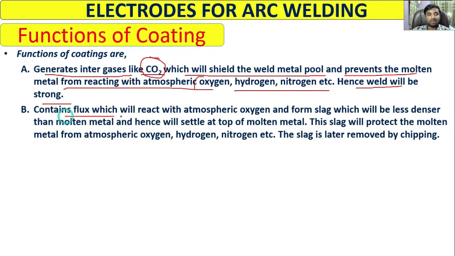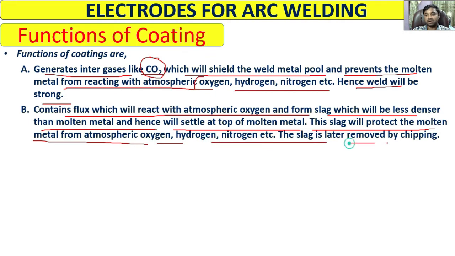The coating also contains flux, which reacts with atmospheric oxygen to form slag, which is less dense than molten metal and hence settles on top of the molten metal. The slag protects the molten metal from atmospheric oxygen, hydrogen and nitrogen. The slag is later removed by chipping.